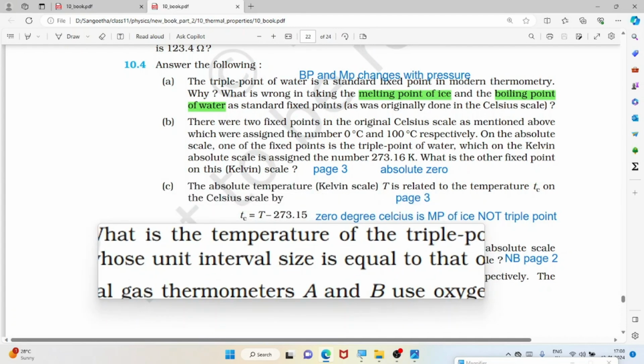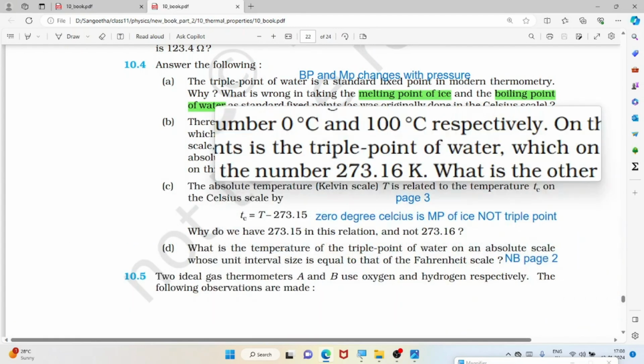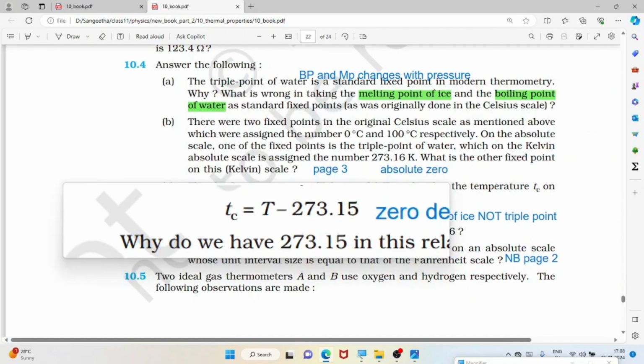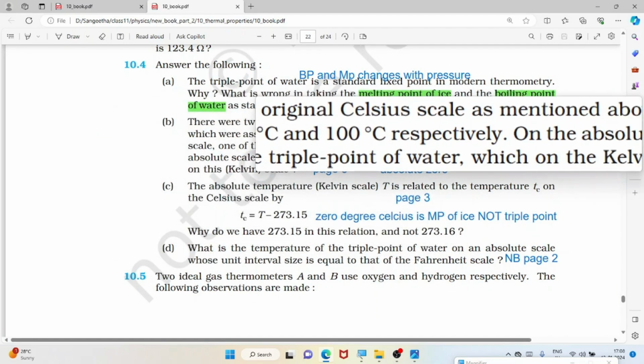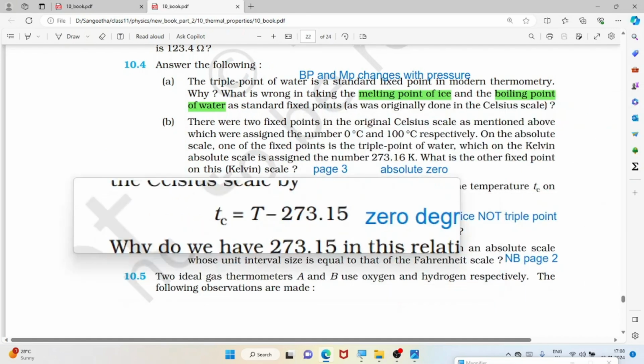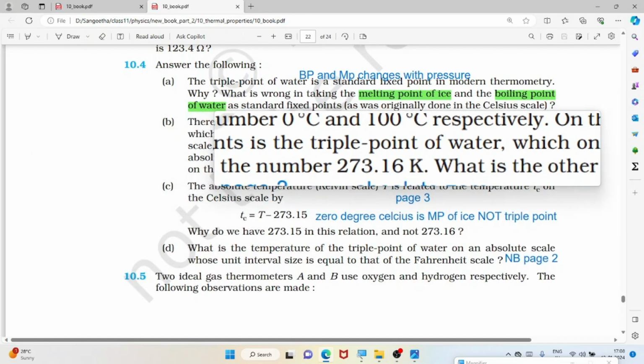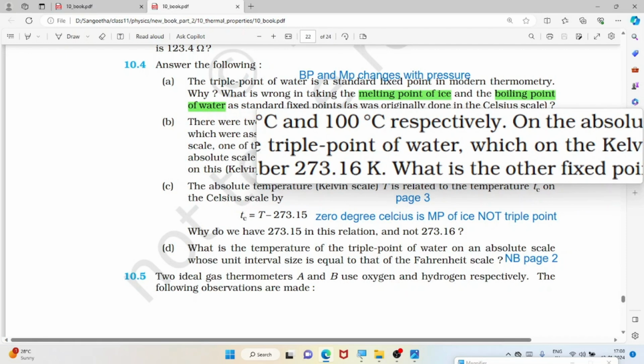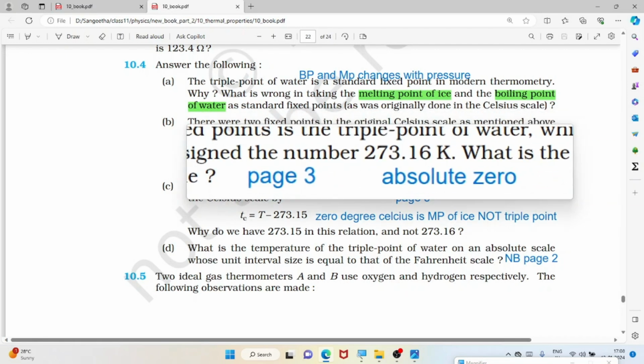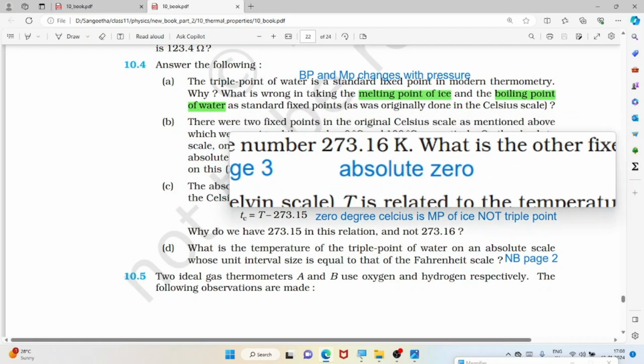There were two fixed points in the original Celsius scale as mentioned above, which are assigned 0 degree and 100 degree. On the absolute scale, one of the fixed points is the triple point of water, that is 273.16. What is the other fixed point?